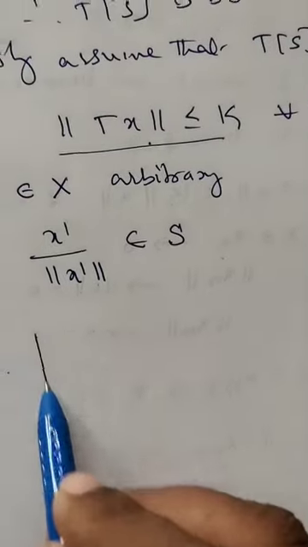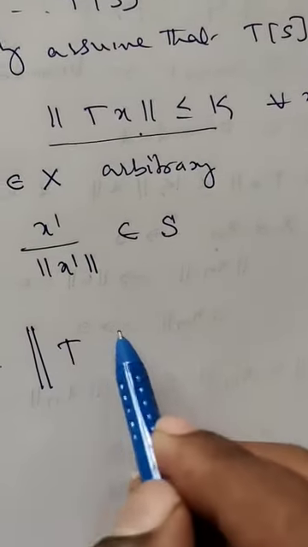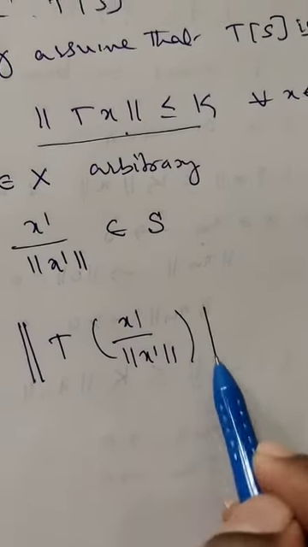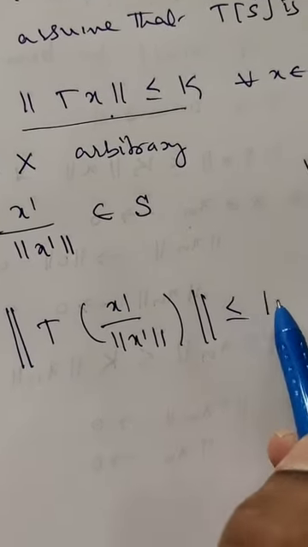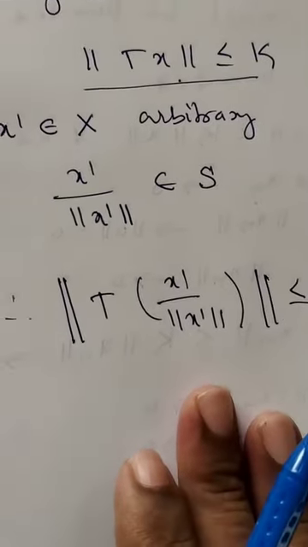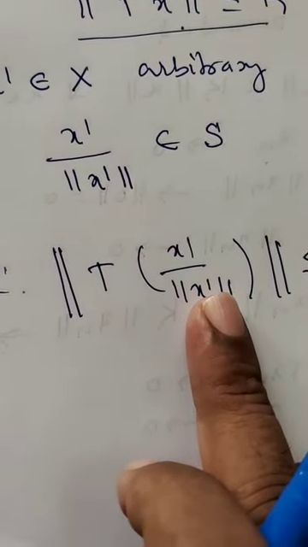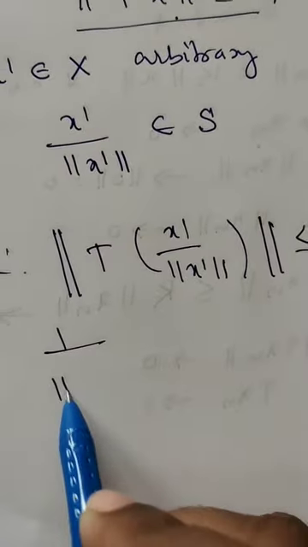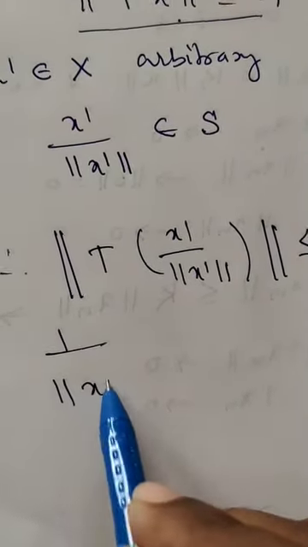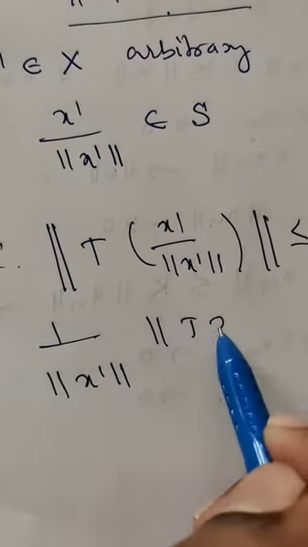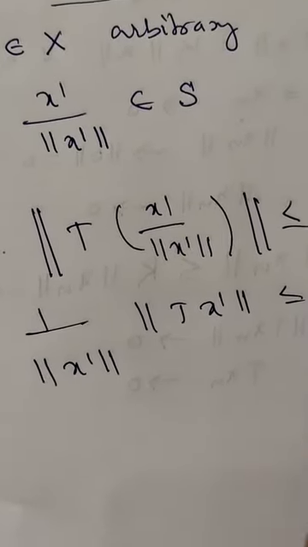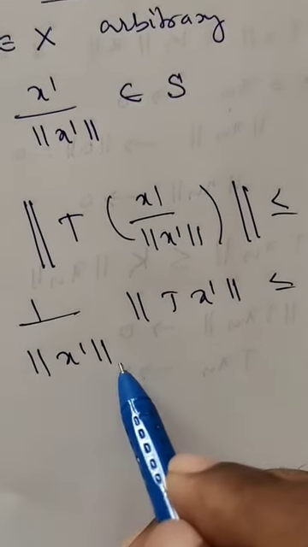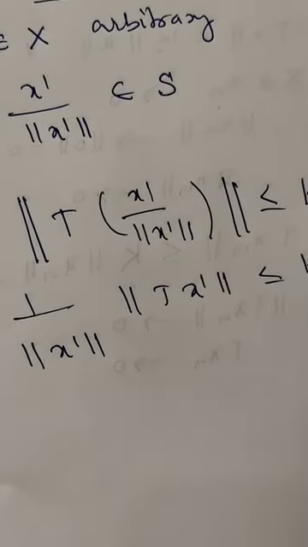Therefore, the norm of T of x dash by norm of x dash is less than or equal to K. Now the norm of x dash is a scalar that can be taken out of the norm. This implies 1 by norm of x dash into norm of T of x dash is less than or equal to K. Since this is a non-zero quantity, we can transfer it to the other side.